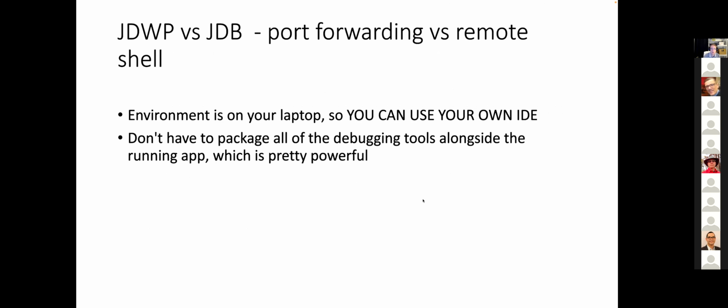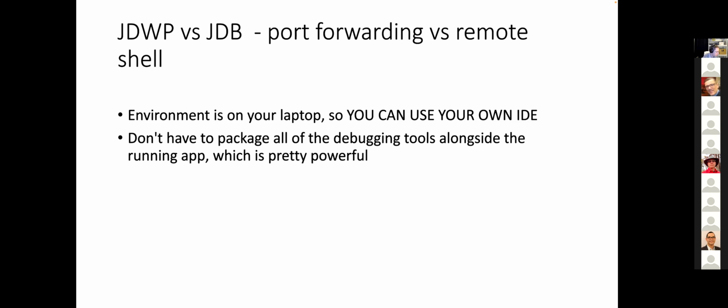And what happens when that occurs is that now you've got network ports on your local laptop. You can use your own IDE, the stuff that is running on your laptop, to talk to that JVM. That way you don't have to package everything inside of the container. You don't have to package IntelliJ inside the container.